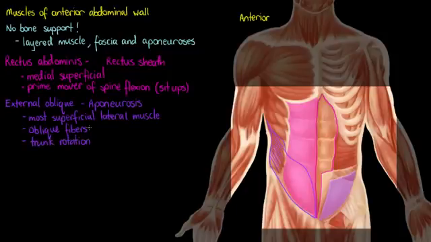So if we were to flex just one of these external obliques, that's going to aid our back muscles in trunk rotation, so rotating your core. And if we activate both of those muscles at the same time, it's going to help our rectus abdominis in spine flexion. So it's also going to help when you're doing sit-ups.